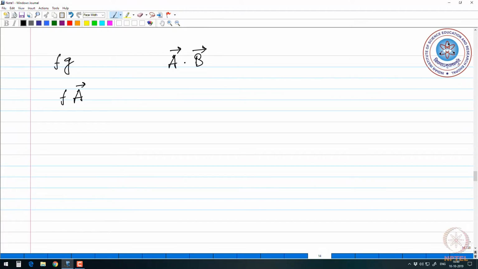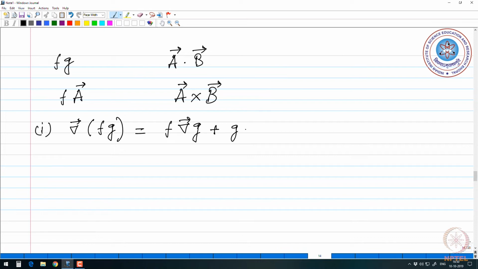That means a scalar field multiplied by a vector field, or the cross product between two vector fields. There are different product rules for that. For the first case, we have the gradient of the product of two scalar fields. That's given as f gradient of g plus g gradient of f, just like what we have seen in case of scalar differential calculus.